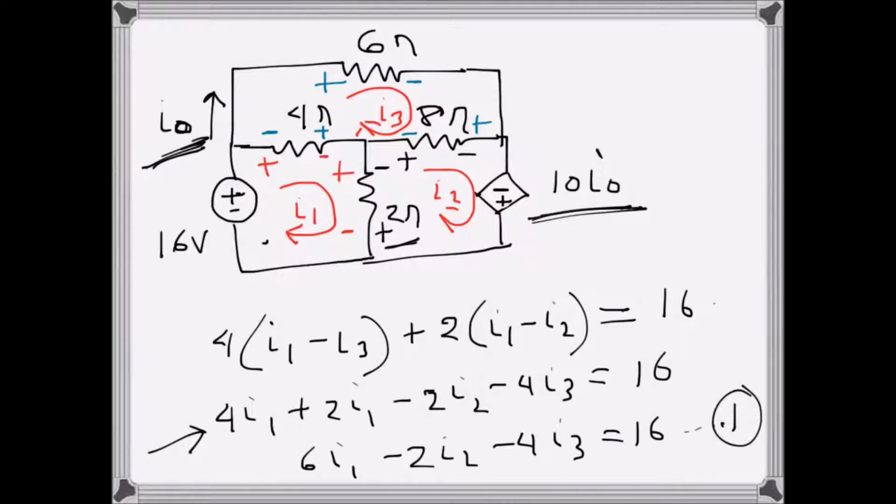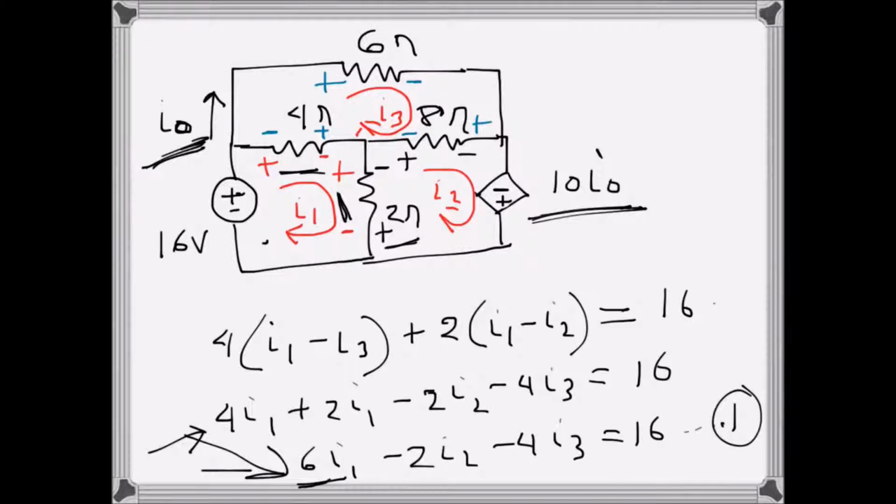So basically we can see that this one is 6I1. The current for which we are writing the loop equation, I1, will have the sum of all the resistances. The voltage drop due to I1 will be the sum of all the resistances, so here 4 and 2.